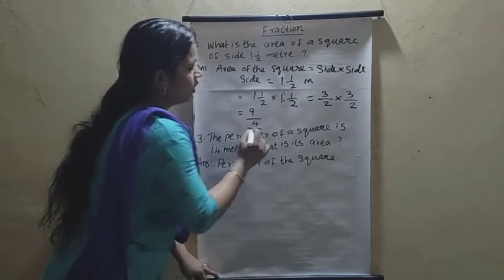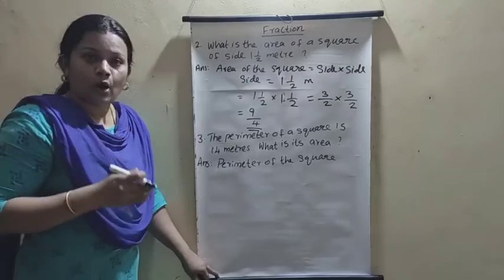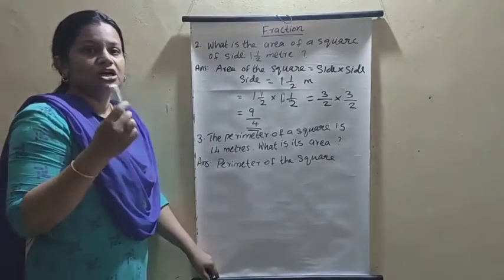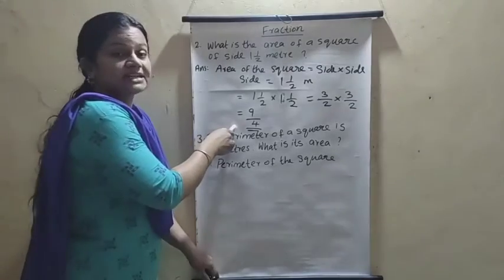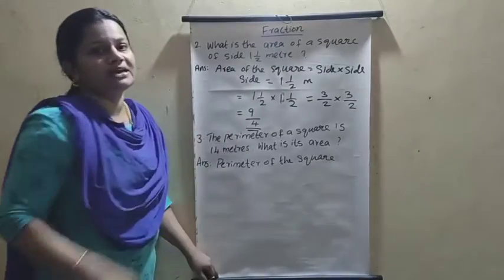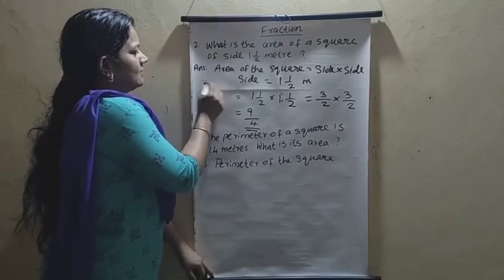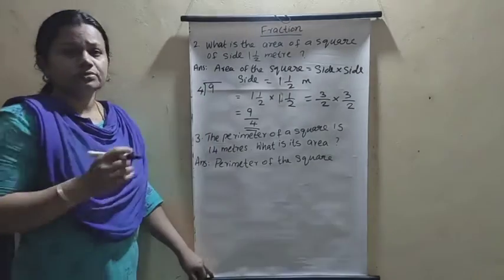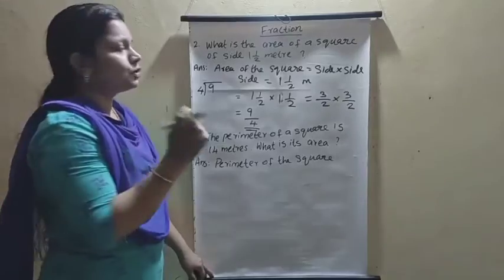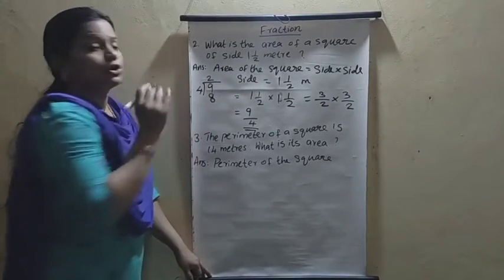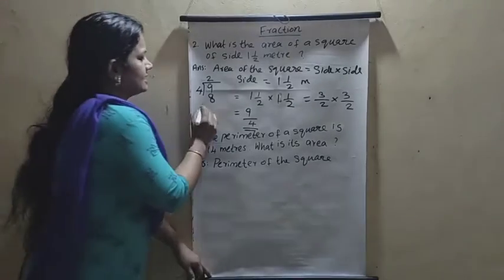Again we got the answer as an improper fraction. The given question is a mixed fraction, so this improper fraction is again converted into the mixed fraction. Understood? 9 divided by 4. How many 4s in 9? 2 times. 2 4s are 8.